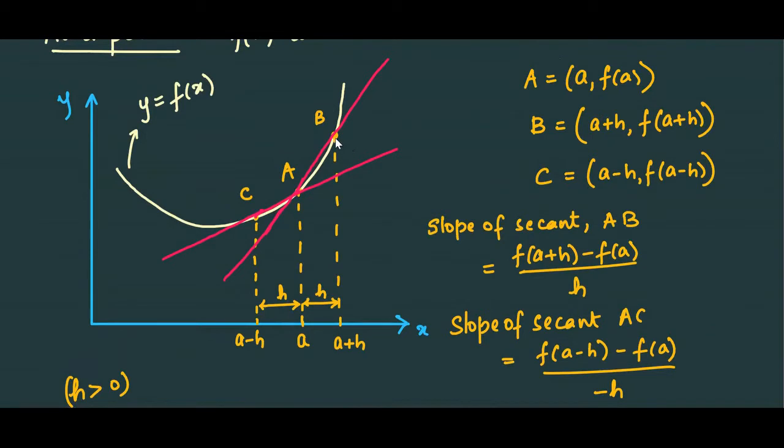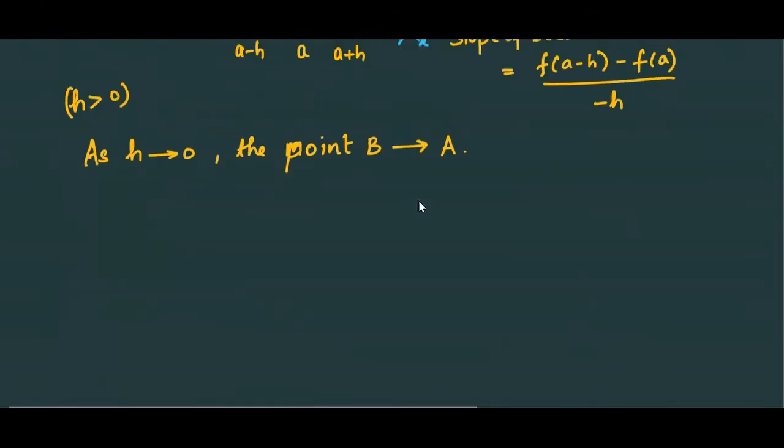This point B moves towards A here. This is A, this is C, this is B. Now as B moves towards A, what happens? This line AB just touches the curve at A.